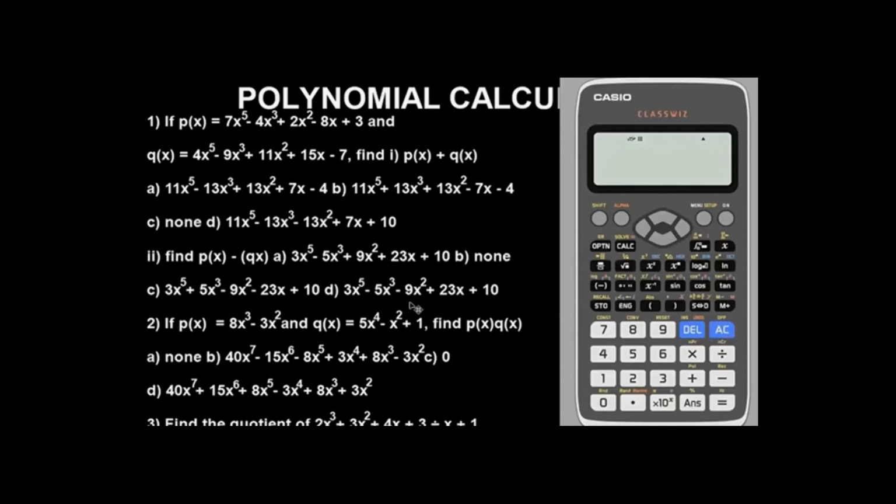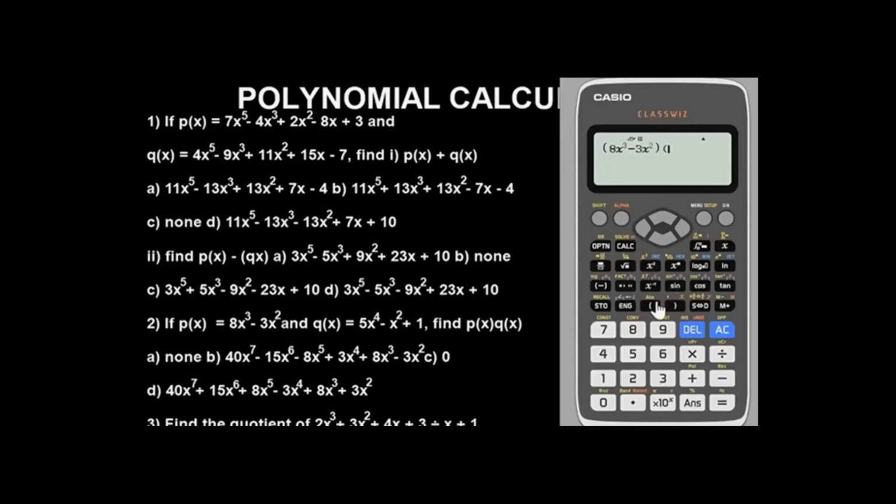We're making progress. So question 2 says if p of x equals this and q of x equals this, fine. P of x times q of x, that's the product of the polynomials. So quickly, in brackets, p of x, we have 8x raised to power 3, minus 3x squared, close the brackets.